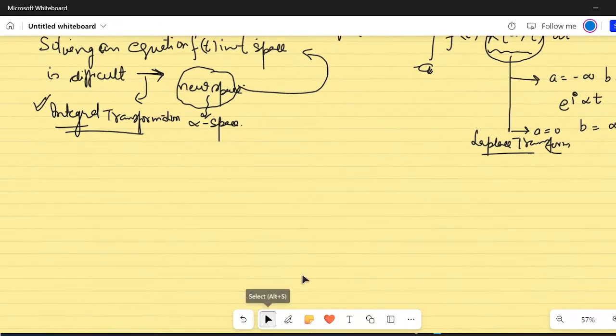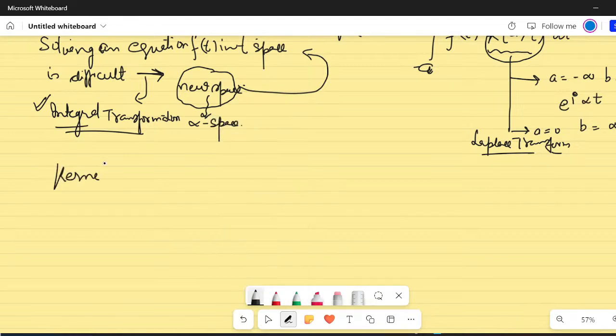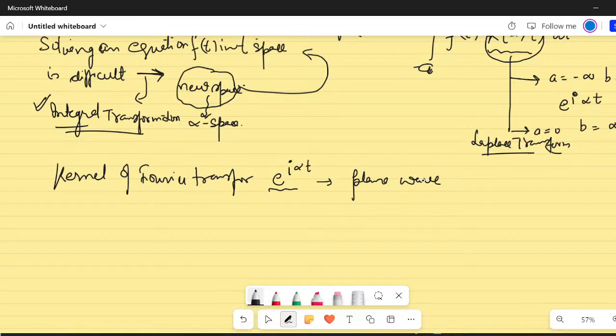Fourier transform. So understand that in the Fourier transform, the kernel of the Fourier transform is of the form e to the power iota alpha t. And generally, what does it represent? It represents a plane wave.